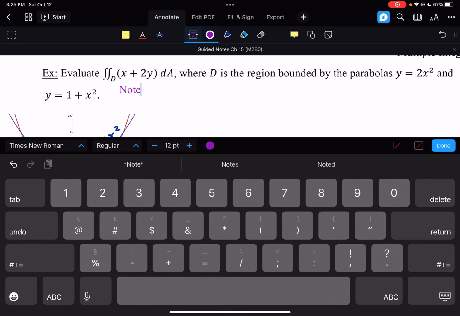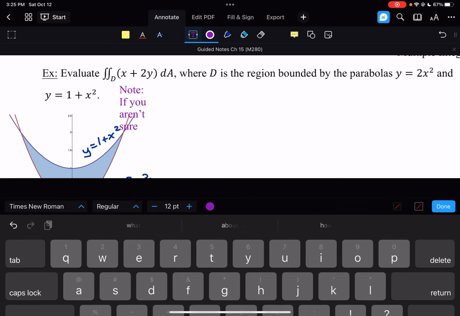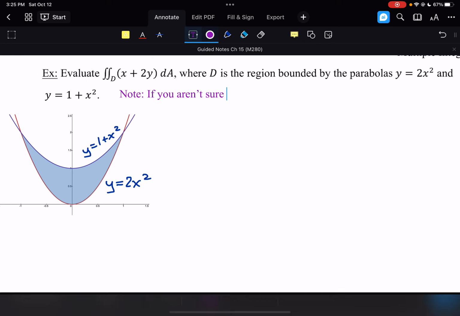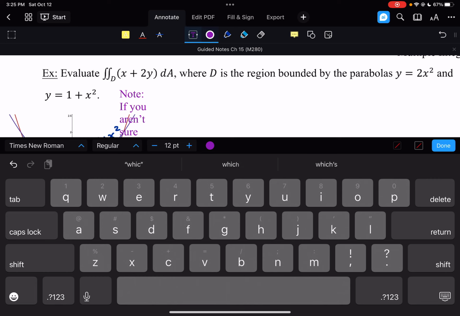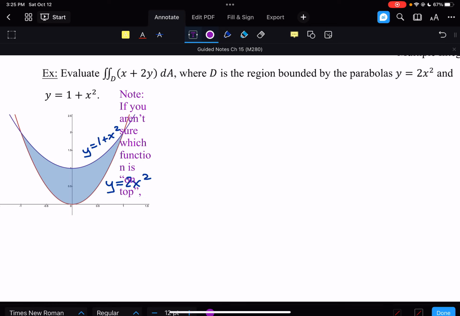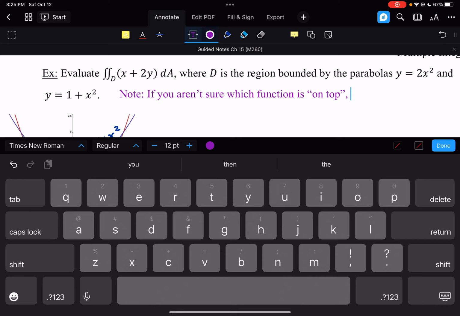Note, if you aren't sure which function is on top... it just really doesn't want it to spread out.